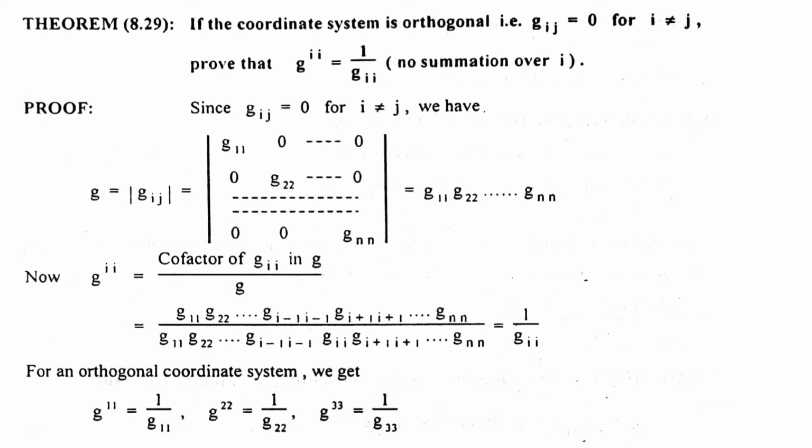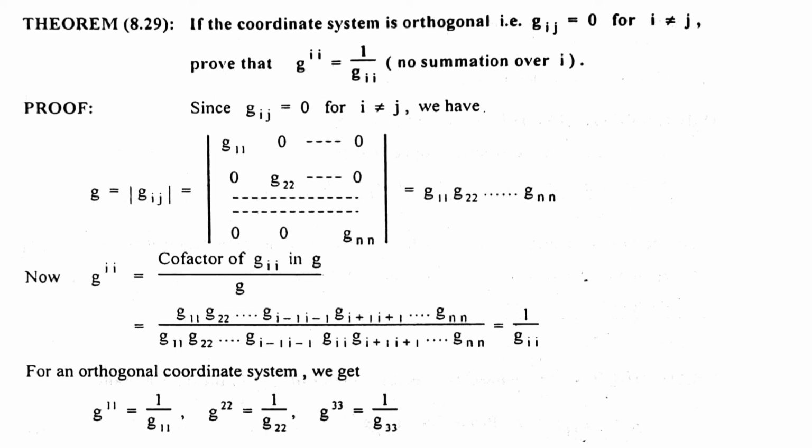And in the last row it becomes gn1, gn2, gn3 and so on, the last term being gnn. In the next step we insert the values g_ij equal to 0 for all i not equal to j. If it is diagonal it will give an answer, otherwise it is 0. So our determinant becomes g11, 0, 0 up to n terms, and in the second row the whole column is 0, and we remain with only diagonal entries. Multiplying all the diagonal entries, we have g equal to g11 g22 up to gnn.